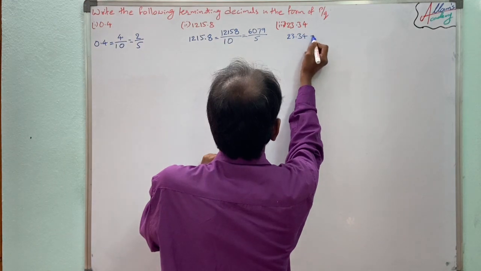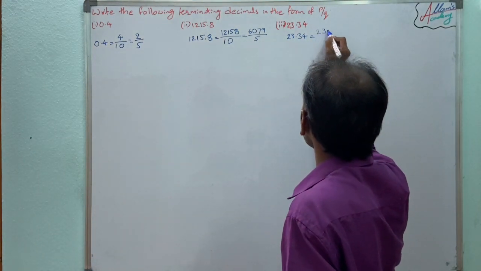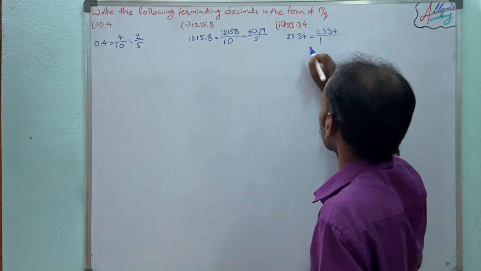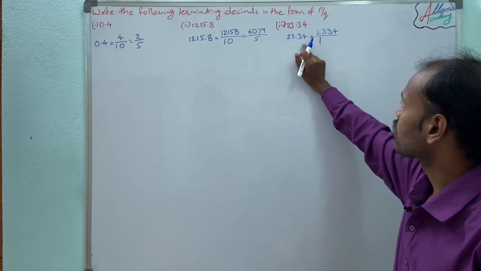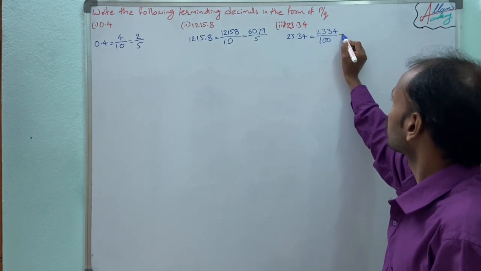Now 23.34. The numerator is 2334, and since 2 digits are after the point, we take 2 zeros with the 1.